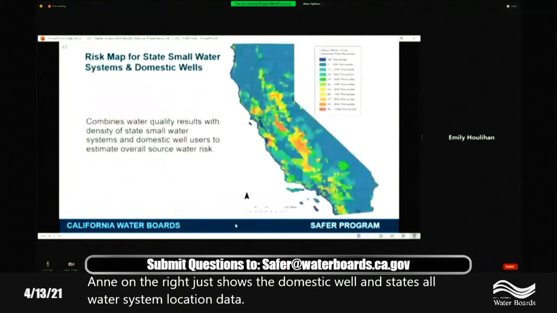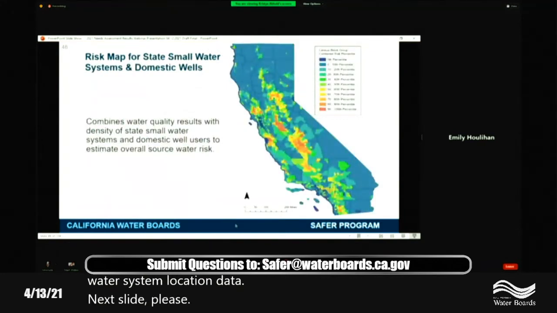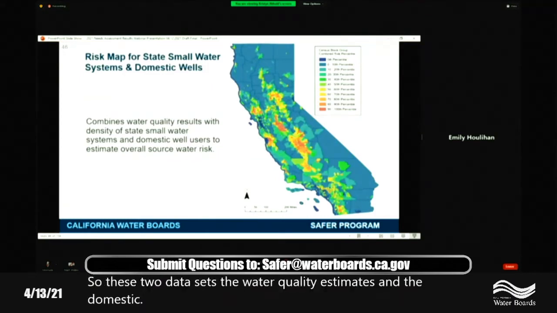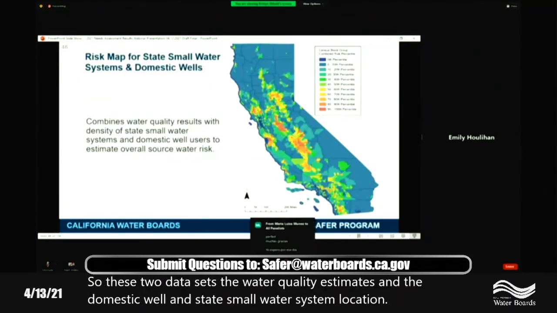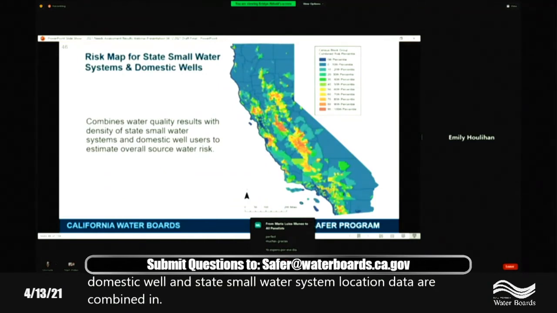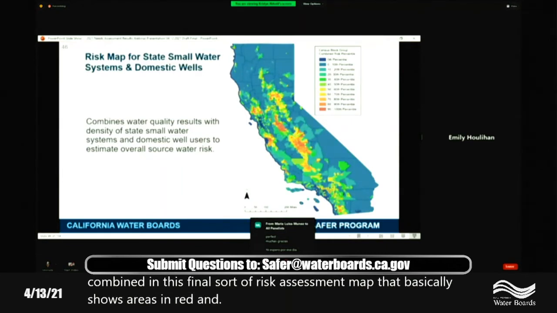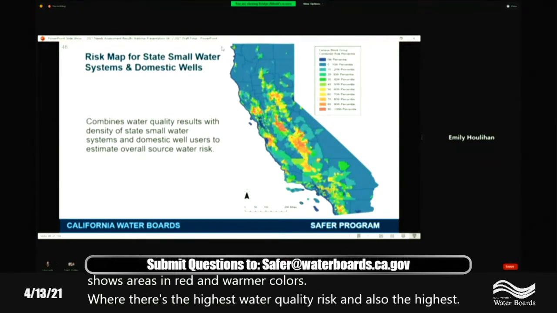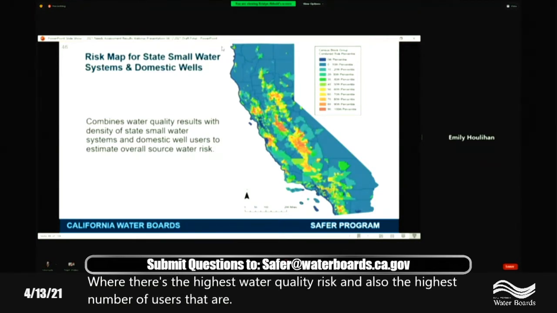Next slide, please. So these two data sets, the water quality estimates and the domestic well and state small water system location data, are combined in this final risk assessment map that basically shows areas in red and warmer colors where there's the highest water quality risk and also the highest number of users that are accessing water via domestic wells or state small water systems.